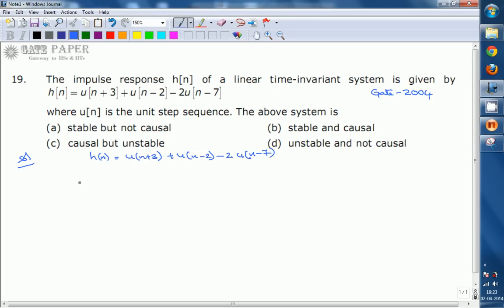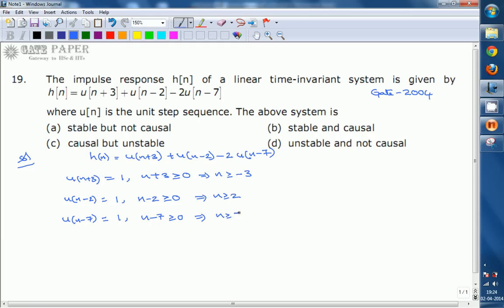So here we know that u of n plus 3 equals 1 for n plus 3 greater than or equals to 0, nothing but n greater than or equals to minus 3, and u of n minus 2 equals 1 for n minus 2 greater than or equals to 0, nothing but n greater than or equals to 2, and u of n minus 7 is nothing but 1 for n minus 7 greater than or equals to 0, that is n greater than or equals to 7.